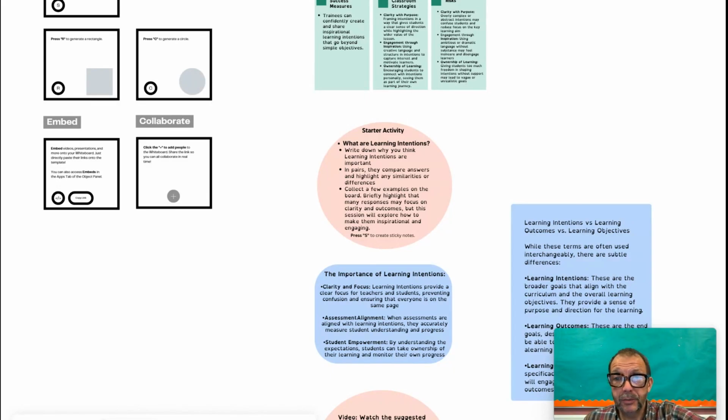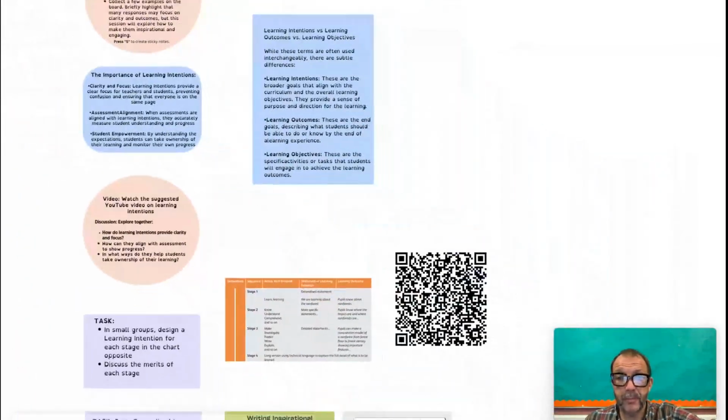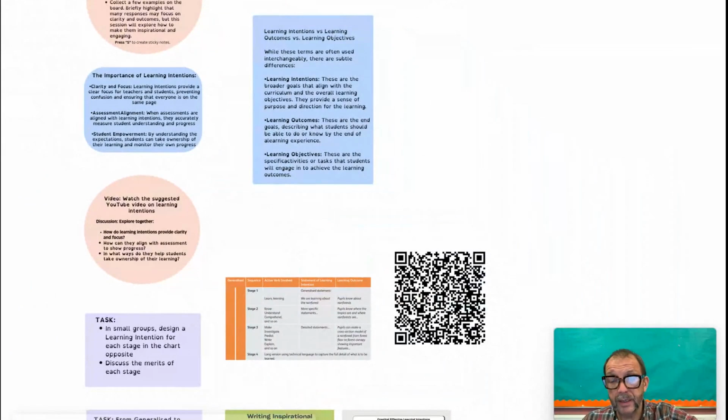So you'll notice down here I've put a QR code in there, so all the students need to do is to scan the QR code. You can make a link to the Canva whiteboard and drop that into the Google chat.